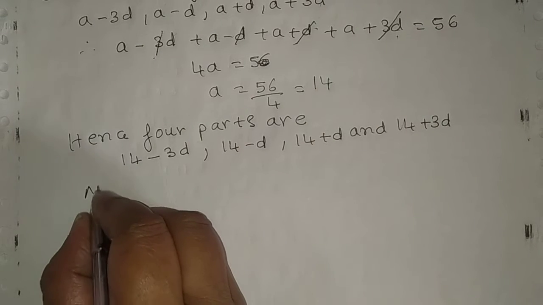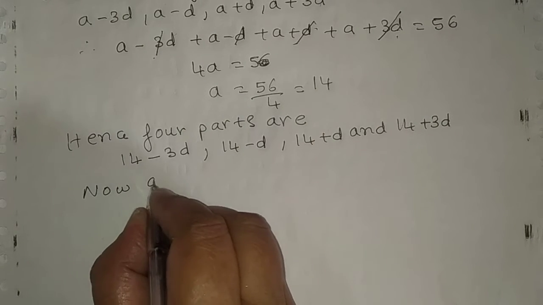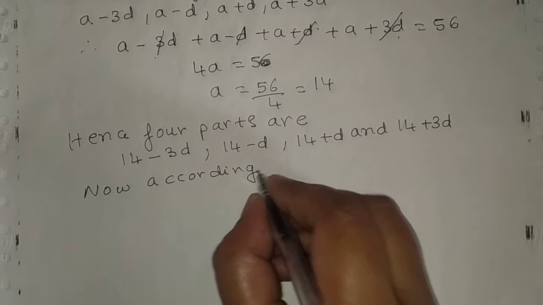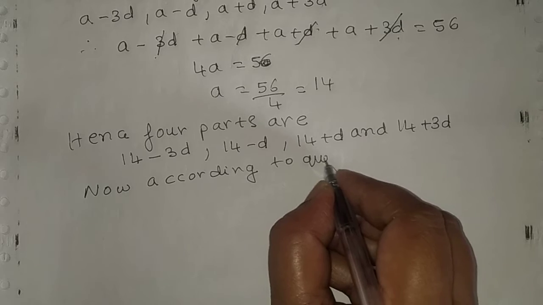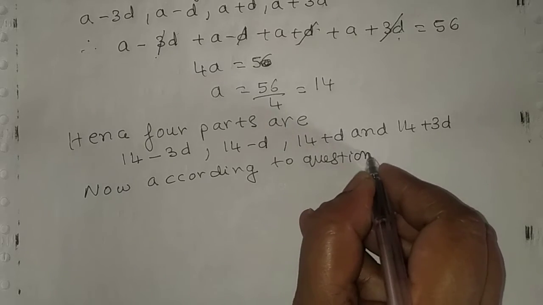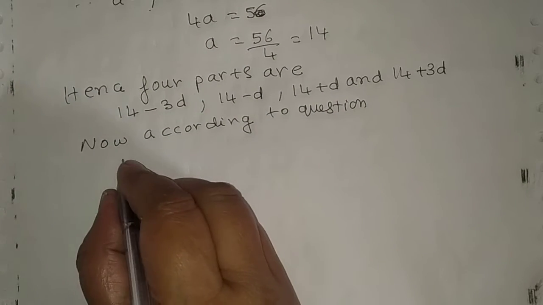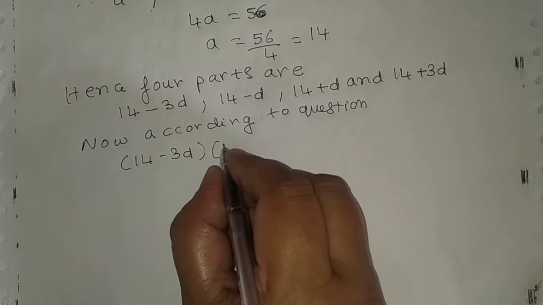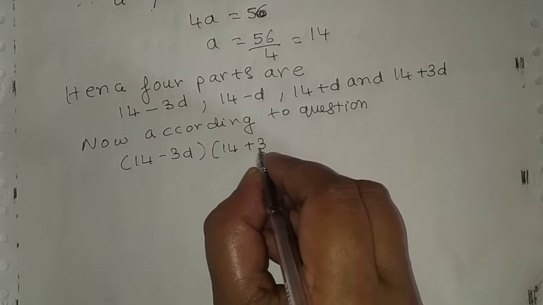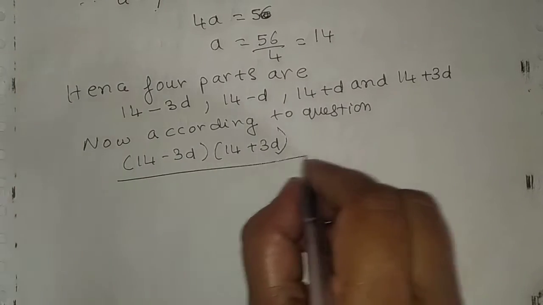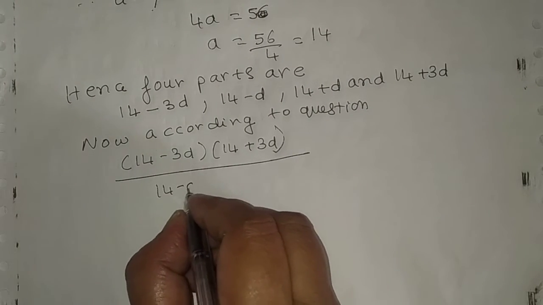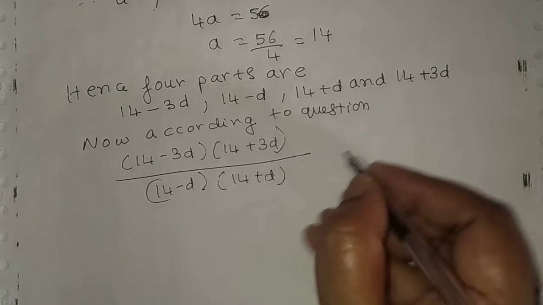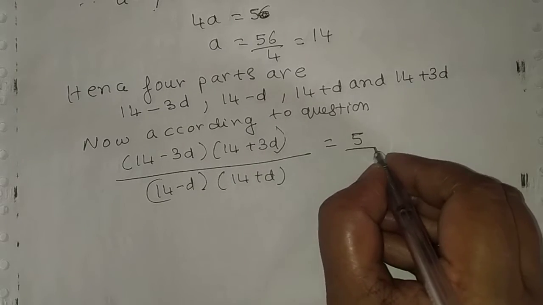Now according to the question, write down this: 14 minus 3d into 14 plus 3d by 14 minus d into 14 plus d. This is in the ratio 5:6.